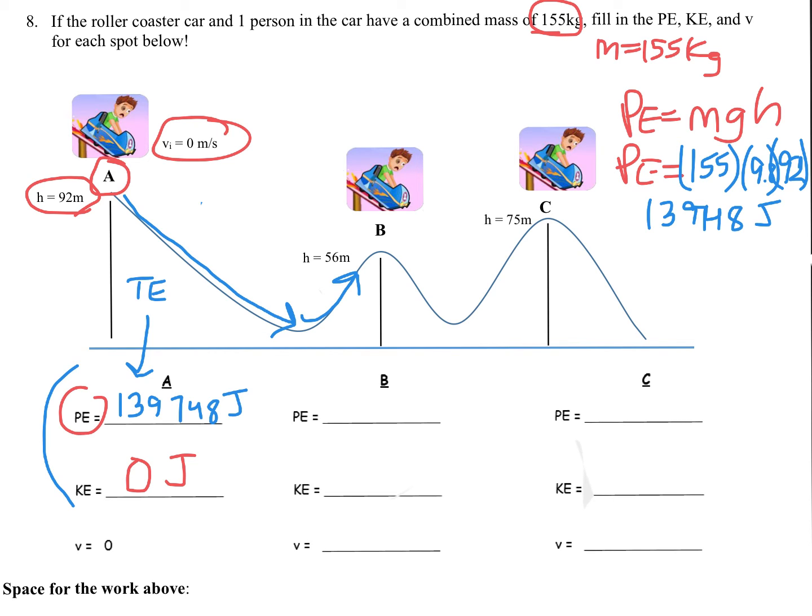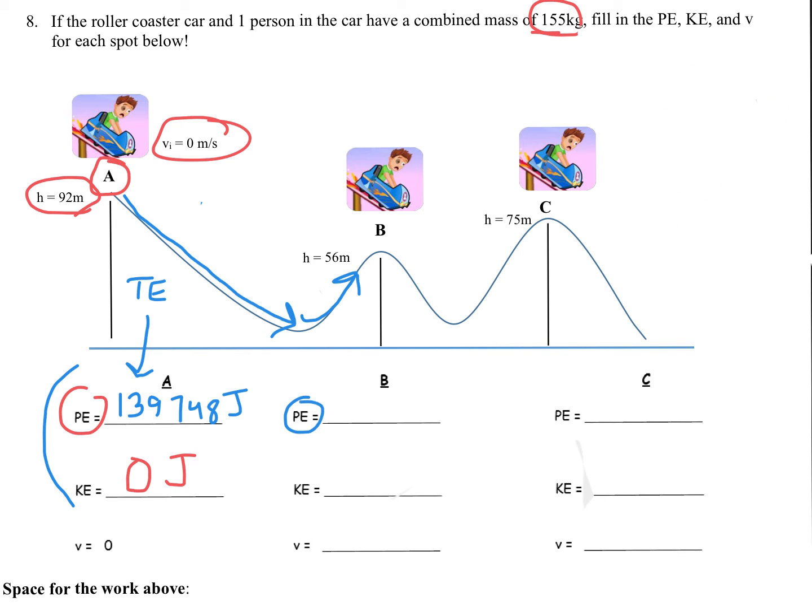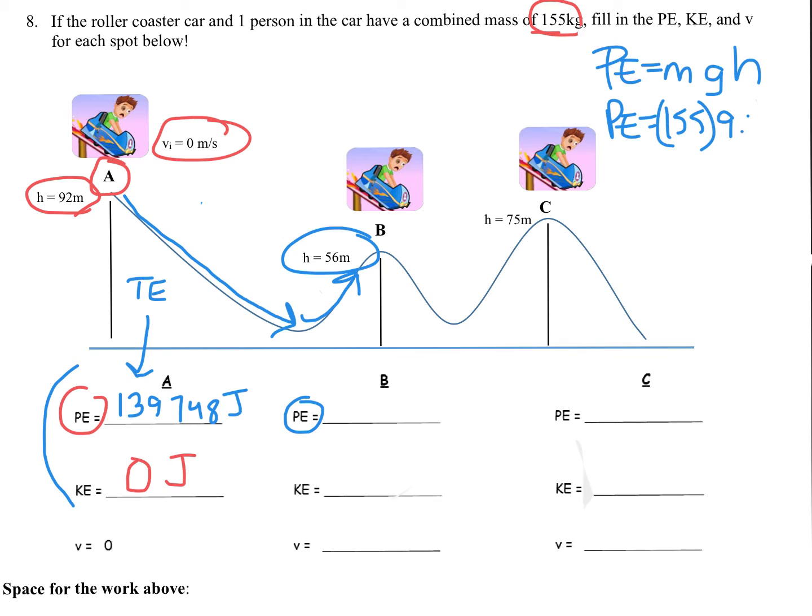If we look at part B and look for the potential energy, it looks like this cart is going to be about 56 meters high. Well, again, we know that potential energy is going to be the mass times gravity times height. So we already know that the mass hasn't changed, it's 155. We also know that gravity hasn't changed, the acceleration is 9.8.